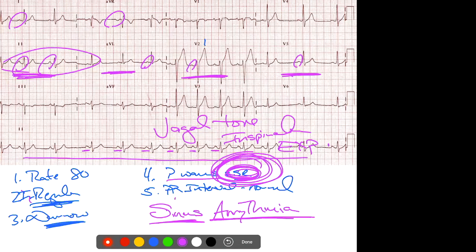With a rhythm strip like this one at the bottom, you can use it, and it gives you a longer strip to look at. But it has to be the same lead, or it's going to look different just because of different perspectives. Somebody's looking at the horse from the front, and somebody's looking at the horse from the back. The horse is going to look different, right? So, got to be the same picture.